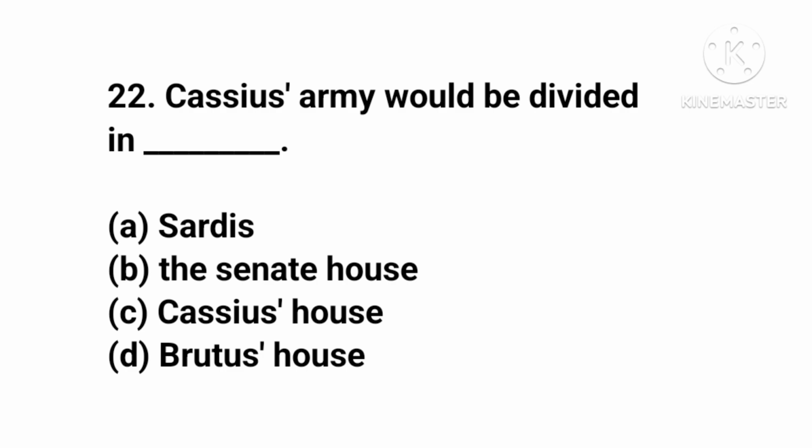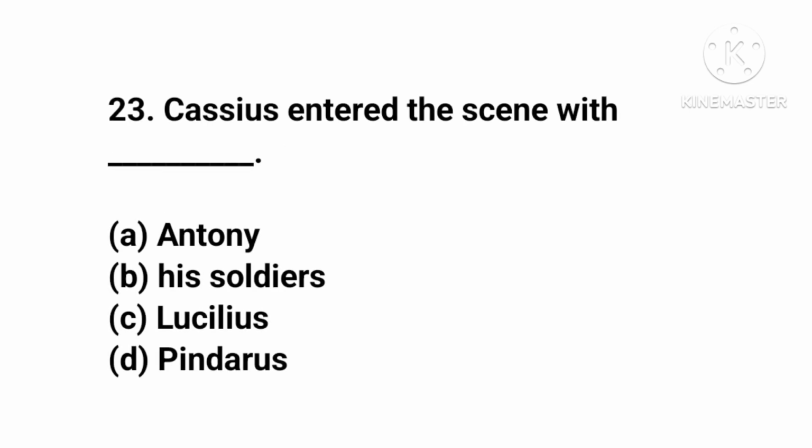Well answered. Cassius's army would be divided in Sarris. And what do you understand by cavalry? Cavalry means soldiers who have horses. They ride on horsebacks and they charge. Number 23. Cassius entered the scene with dash.